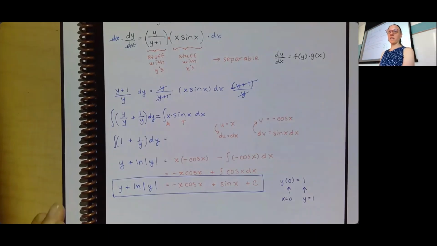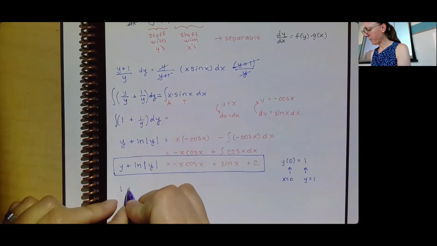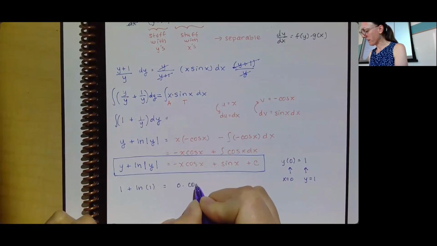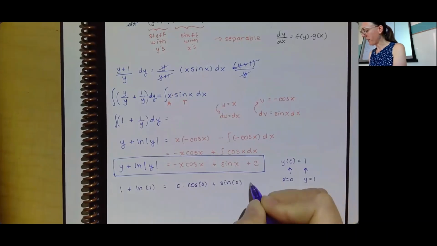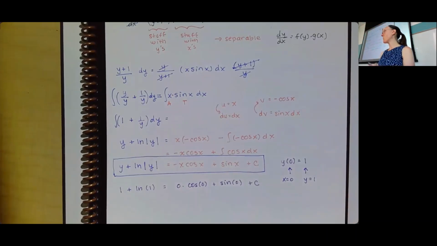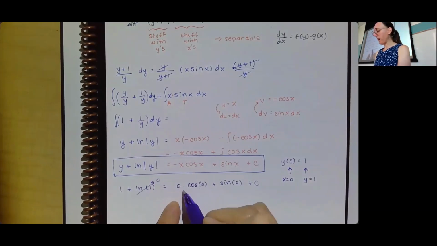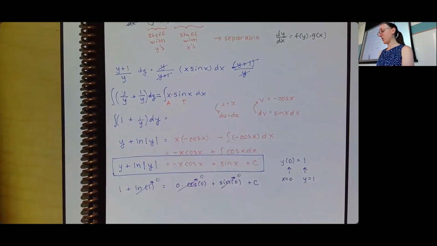So if I plug those in to solve for my constant, I'd end up with 1 plus natural log of 1 is equal to 0 times cosine of 0 plus sine of 0 plus a constant. And most of that goes away. Natural log of 1 is 0. 0 times something is 0. Sine of 0 is 0. And we just get that the constant is equal to 1.